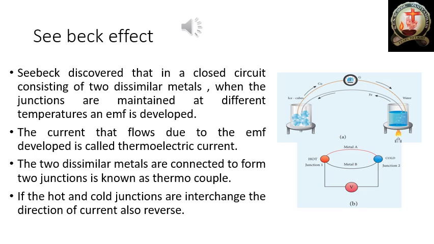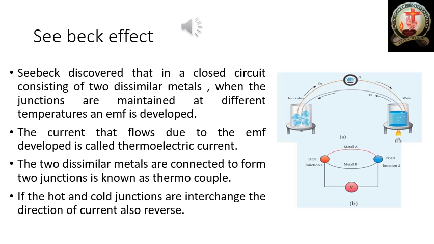Remember this one, it is important. If the hot and cold junctions are interchanged, the direction of current will also reverse. As I explained in the second point, some amount of current is flowing through the circuit.